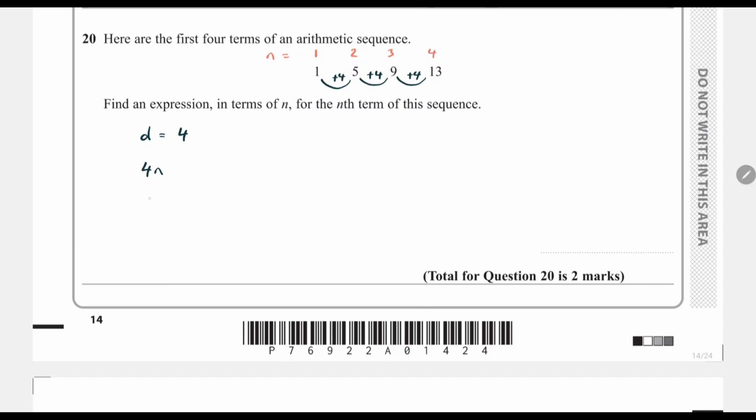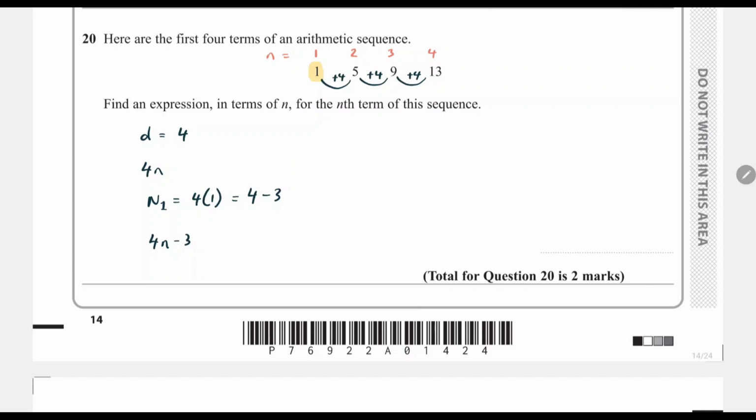Now, if we try that with our first term, we know that the final answer should equal 1. So that's 4 multiplied by 1, which is 4. Now, how do we get from 4 to 1? Well, we minus 3. So our updated expression is going to be 4n minus 3.